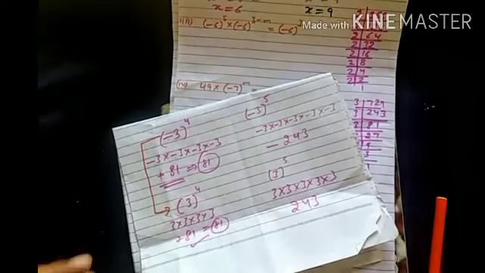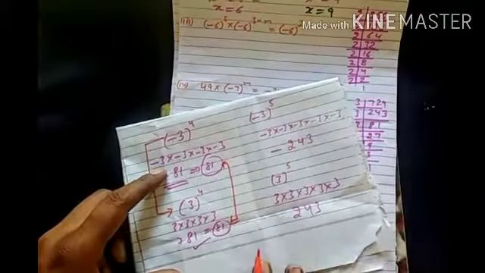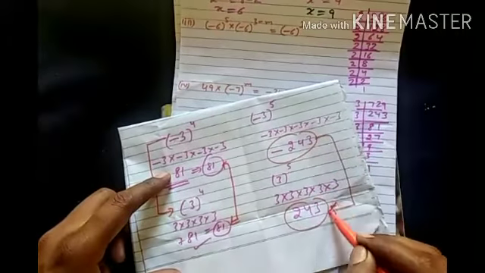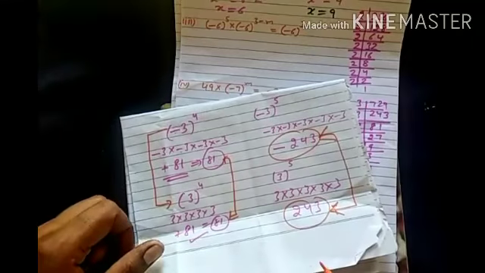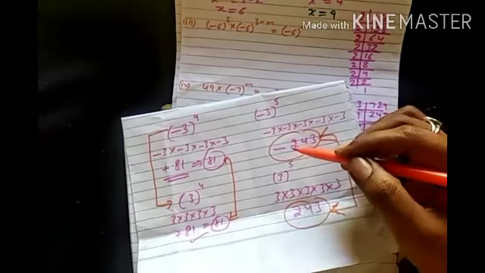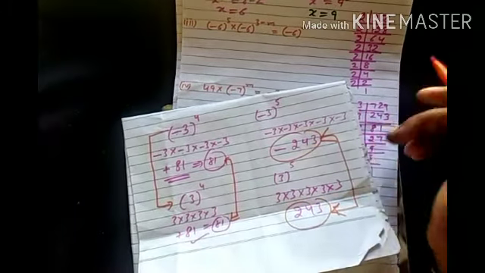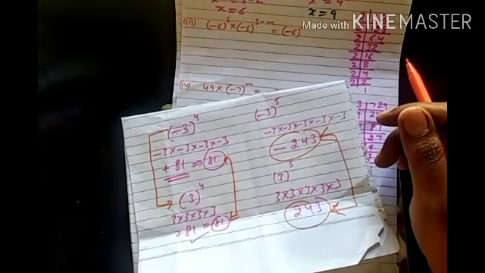Now in this part there is no change in the answer, but here we see the difference in the answer as per their symbols. This is a negative integer and this is a positive integer. Now what is the reason behind this?